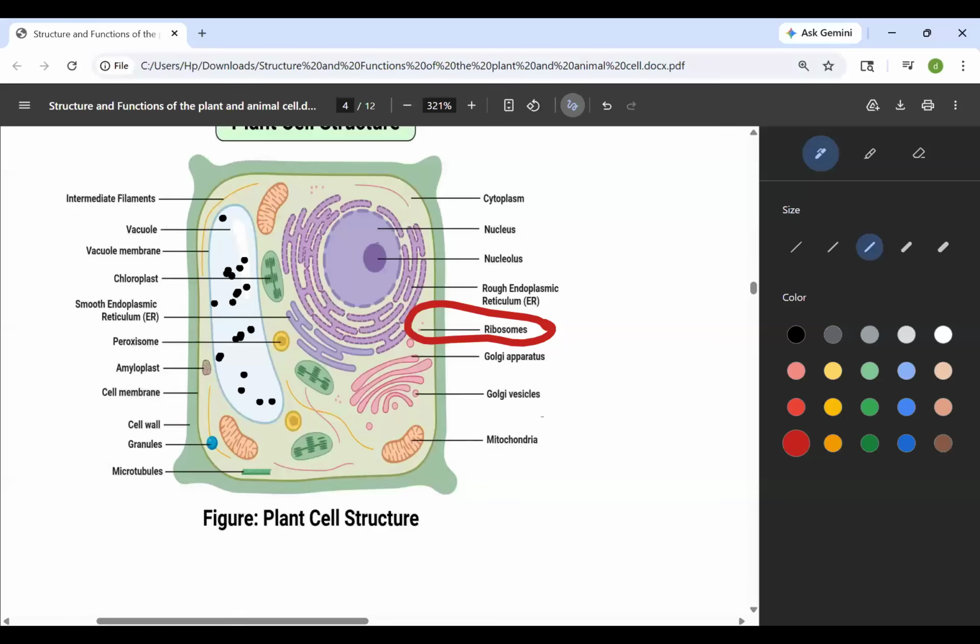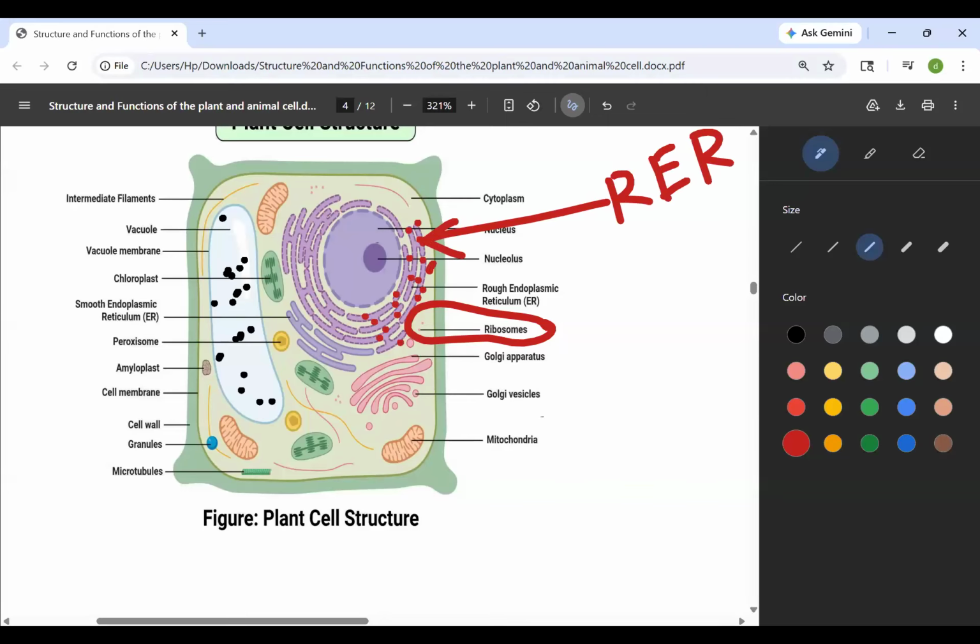Then there's another thing. On the outer cover of the nucleus, there are some things here. I'll put an arrow here. You can't see them clearly, but there are dots connected to these parts. So we call them rough endoplasmic reticulum, RER in short.